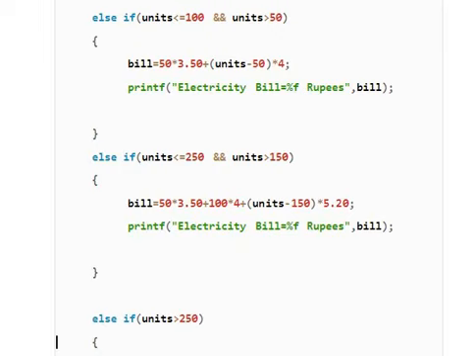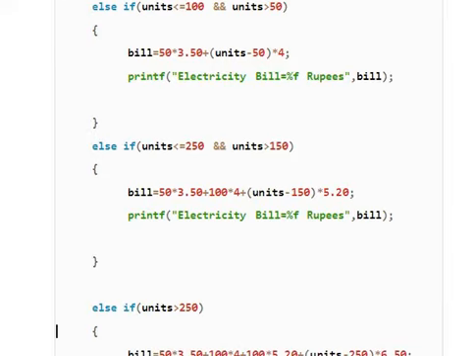The next condition, the next 100, means greater than 50 and less than or equal to 100, so 51 to 100 units. Units greater than 50 means 51 to 100 units.